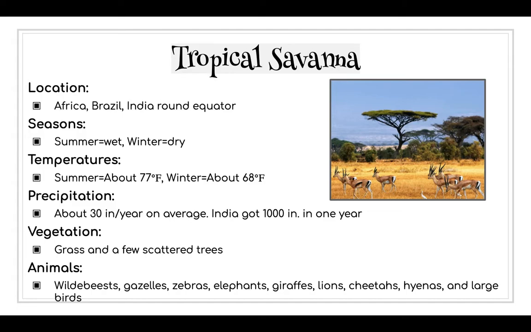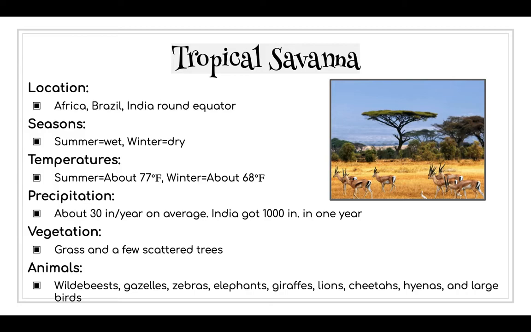Summers can be wet, so there is some vegetation, but winters are very, very dry. In the summers, once again, the temperatures don't range a whole lot because it's real close to the equator. When we're talking the tropics, we're talking between the Tropic of Capricorn and Tropic of Cancer. Precipitation is around 30 inches a year on average.